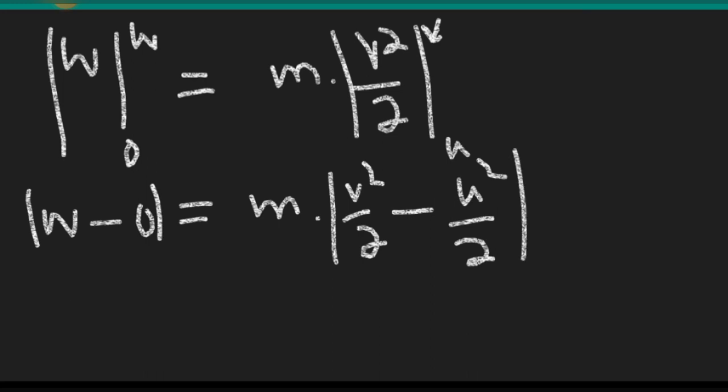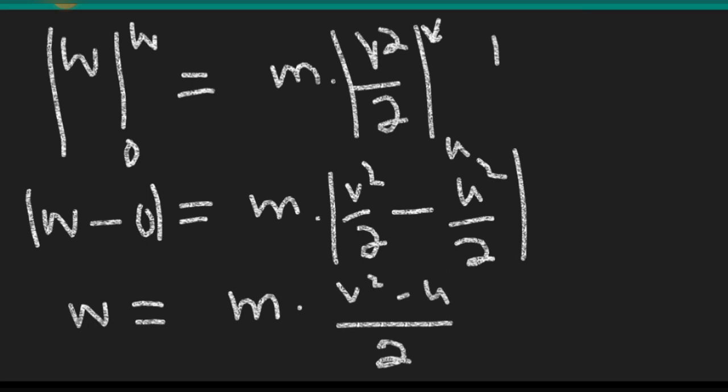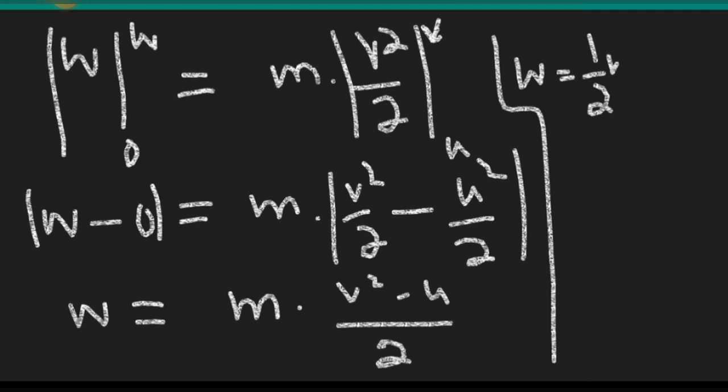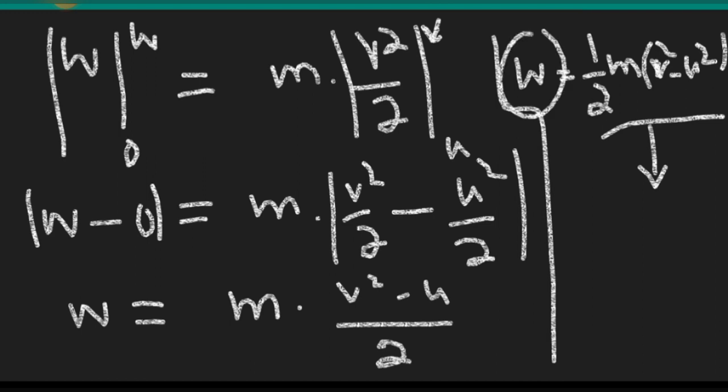So W minus 0 is equal to W, the work done, equal to m into, taking 2 as common, v square minus u square, or W is equal to half of m into v square minus u square, which is termed as the change in kinetic energy. This change in kinetic energy is equal to the work done on the object. That is what we had to prove.